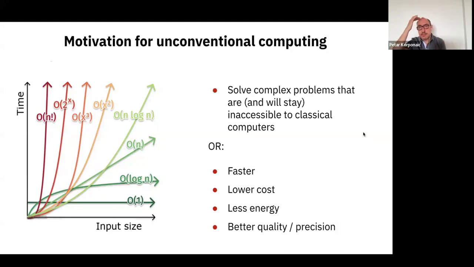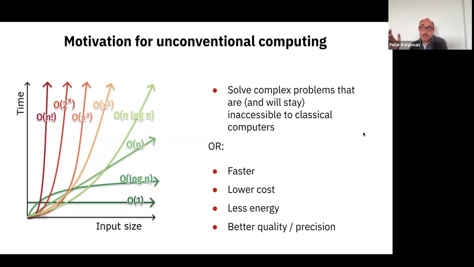So the motivation is to solve complex problems, some of which will stay forever inaccessible to classical digital computers, or to perform what digital computers can do today faster, with lower cost, with less energy consumption, or with better quality or precision.